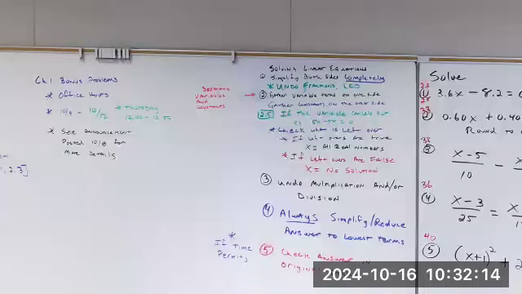So to find the y-intercept, you let x equal 0, solve for y. When you want to find a given intercept, let the other variable be 0. Okay, that's the bottom line.